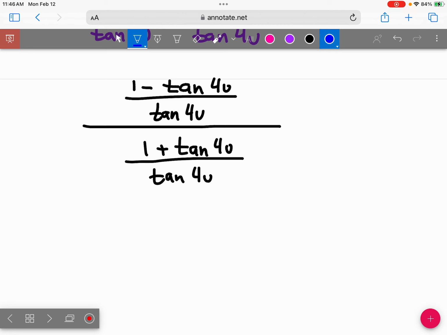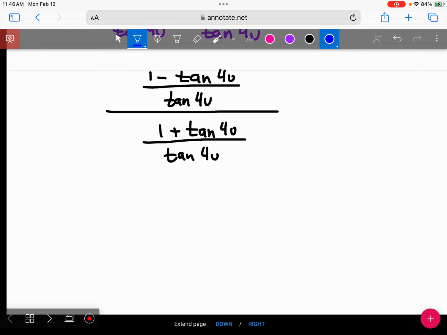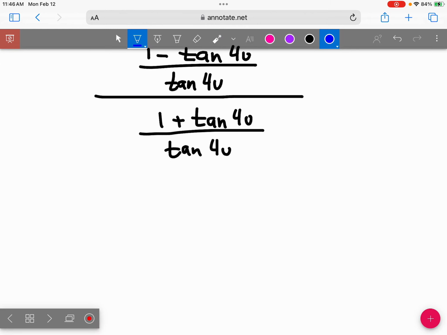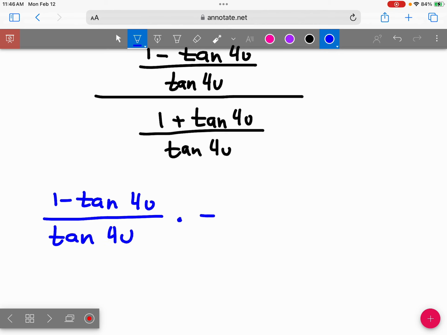So now that I have the numerator and the denominator both simplified down to a single fraction, I can multiply by the reciprocal to get this to be not fractions of fractions. So I'm going to take my numerator, 1 minus the tangent of 4u over tangent 4u, times the reciprocal of the denominator.